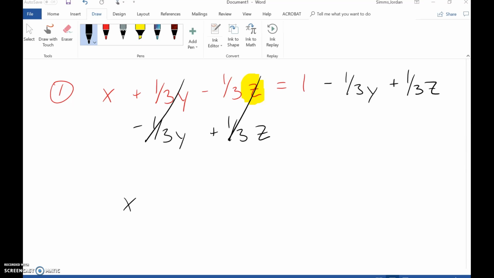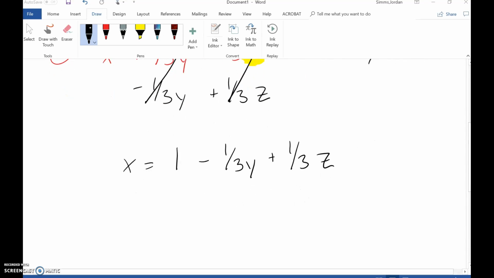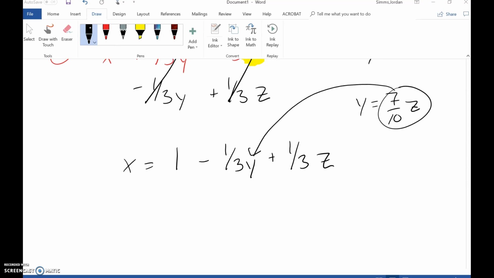That's gone. I'm left with x equals 1 minus 1/3y plus 1/3z. And remember, we also learned from our previous encounter, recall that y equals 7/10z. Right? So we can kind of use that information now to take this one step further even.